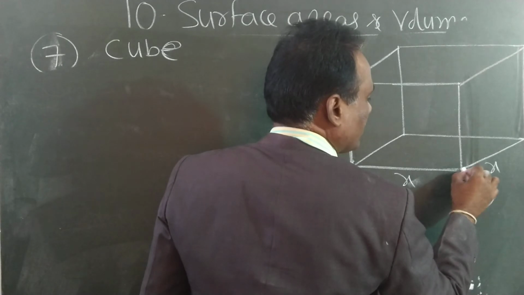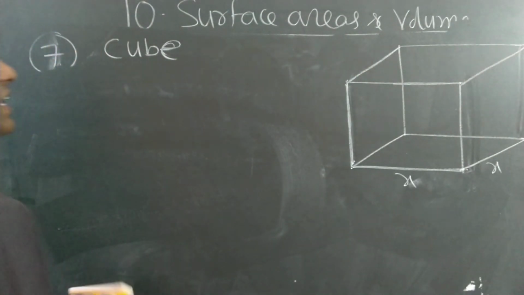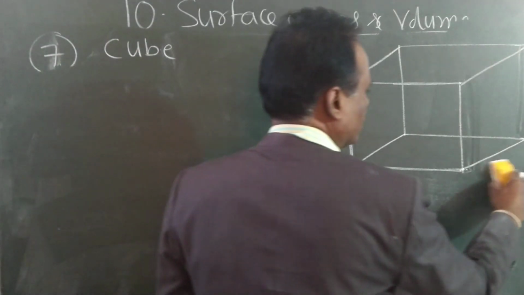Length is X, breadth is X, height is X, then it is called a cube. All are equal. Generally the side is denoted by S.